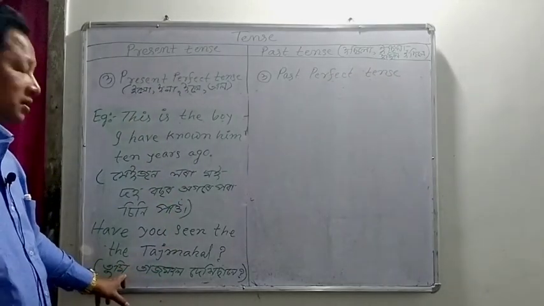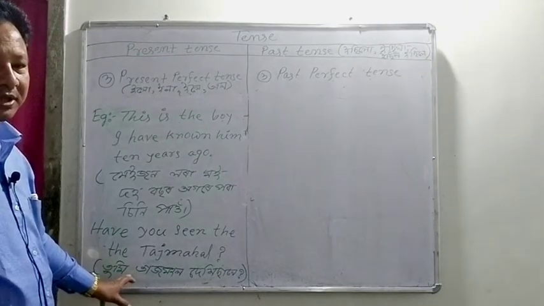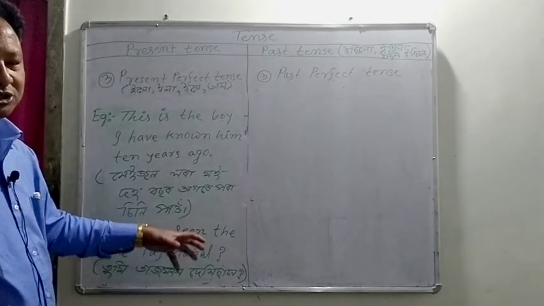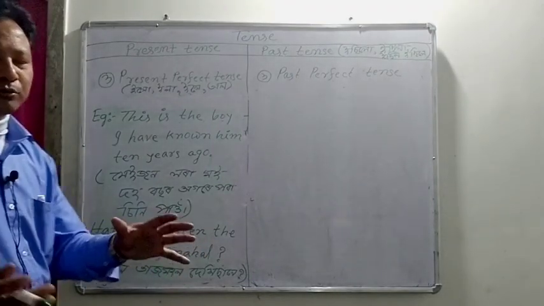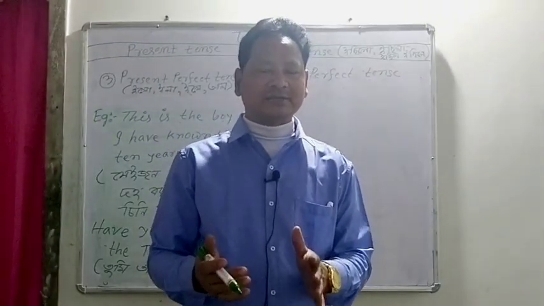But in Assamese, if you observe here, it is exactly like the simple present tense. But the action happened in the past, and again it is expressed now in front of you. Suppose I ask you, have you seen the Taj Mahal?